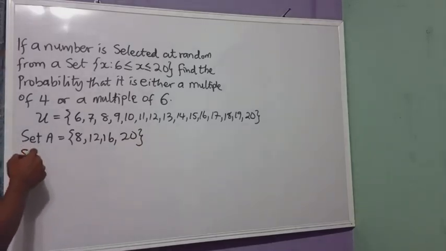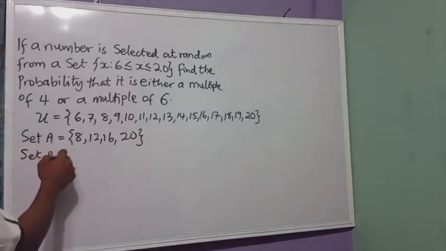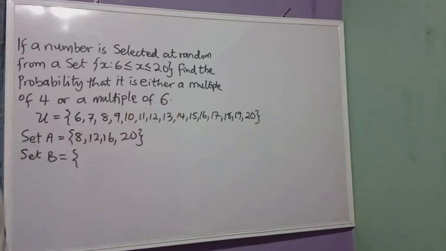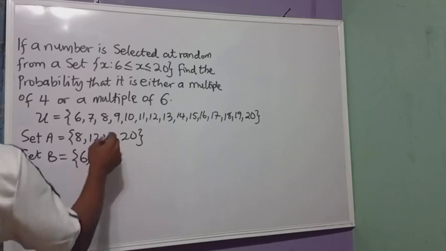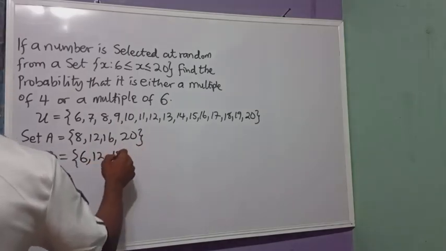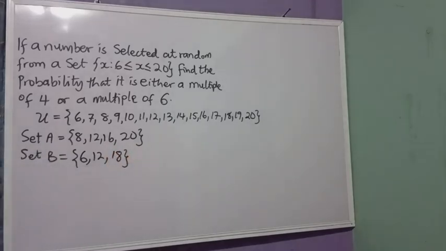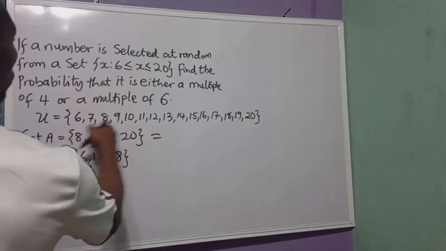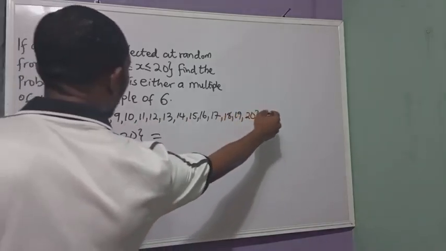Then set B will become multiples of 6. What are the multiples of 6? We have 6, 12, and 18. Now let's know the total number of our universal set.